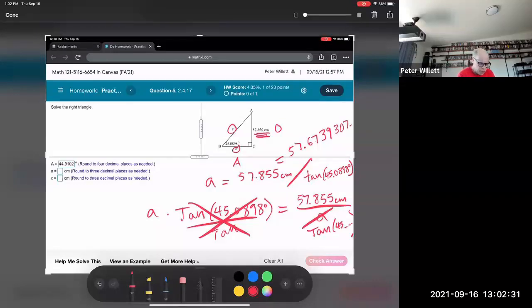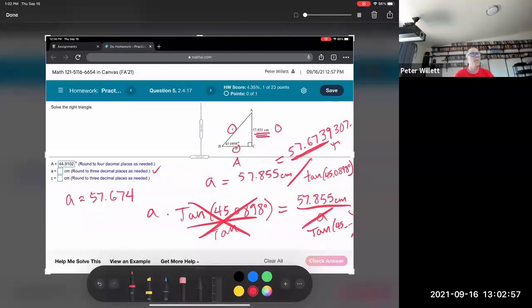But I'm supposed to round this to 3 decimal places. So if I look at the first 3 decimal places, and I see there's a 9 in the 4th decimal place there, then I'm going to actually say that A is approximately equal to 57.674.